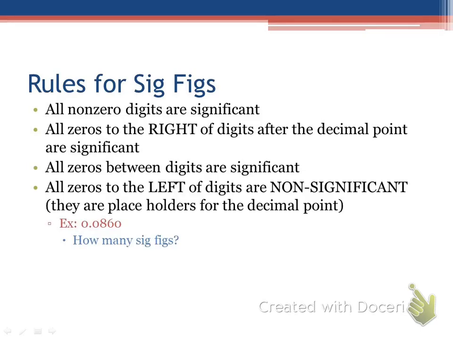Now here's where it gets a little bit different. Okay, zeros to the left of digits. So zeros before any digits start are non-significant. Okay, they are what we just consider to be placeholders. They're not helping our measurement at all. They're just showing us how small the number is.